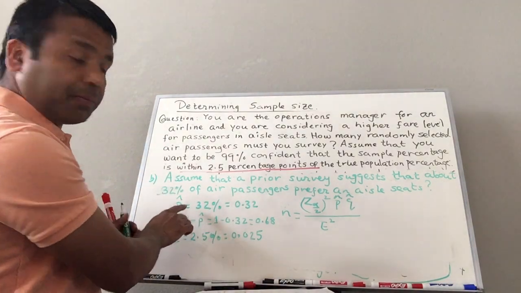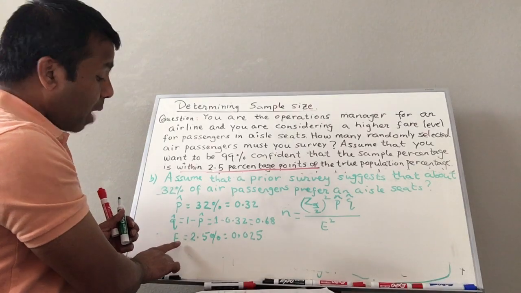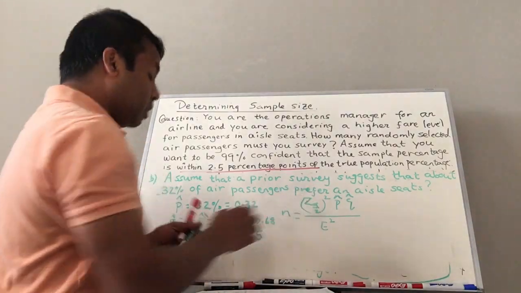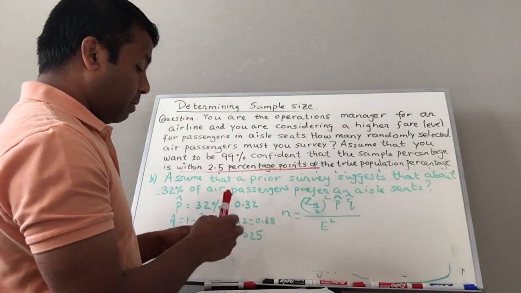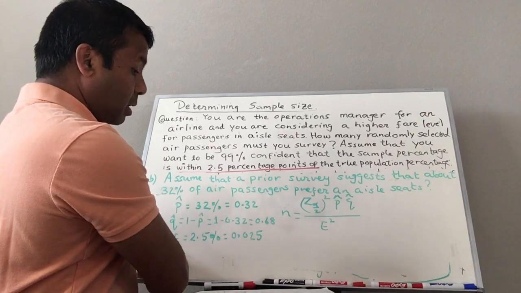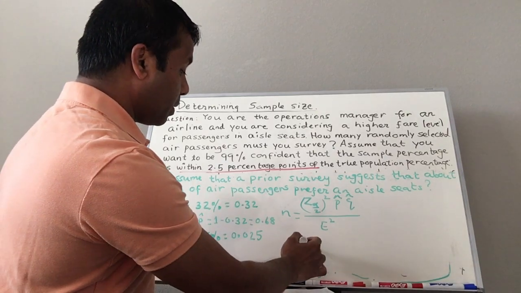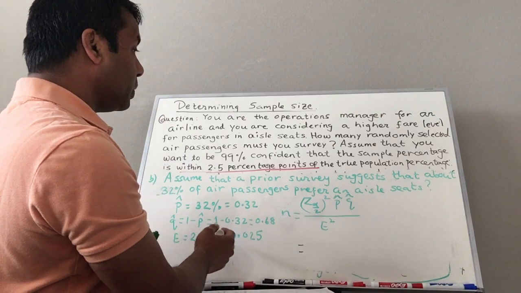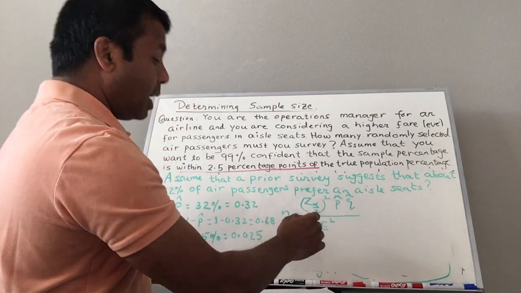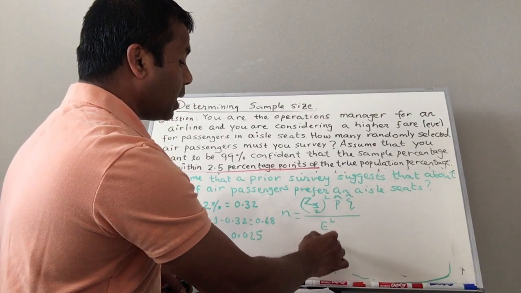So we have a p hat, we have a q hat, we have a margin of error E. So you just plug in the values here. Z alpha over 2, I already calculated that. This is 2.58, right?